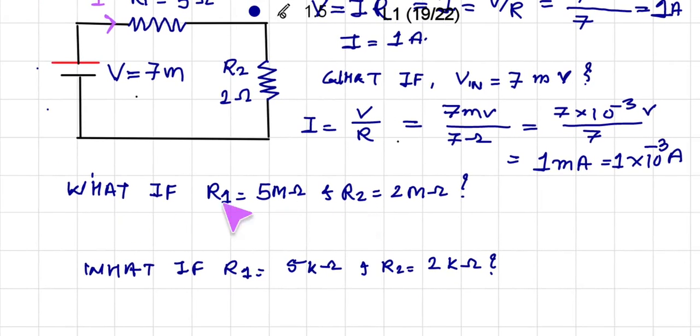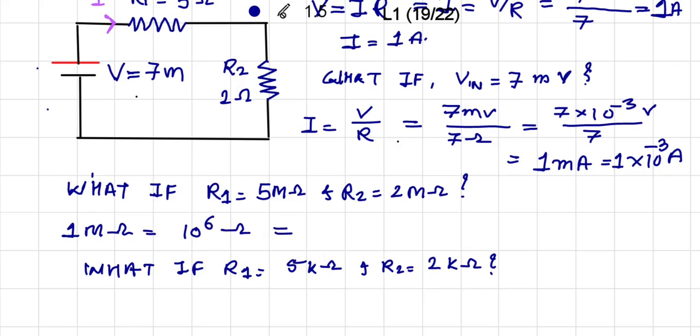Now you need to calculate what if R1 is equal to 5 mega ohm and R2 is equal to 2 mega ohm. So remember that 1 mega ohm is equal to 10 raised to 6 ohm.